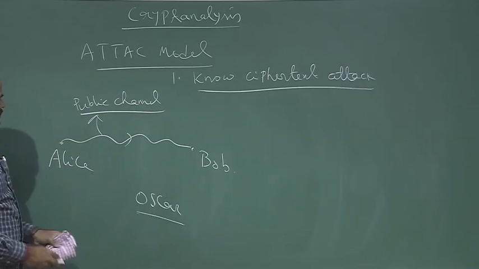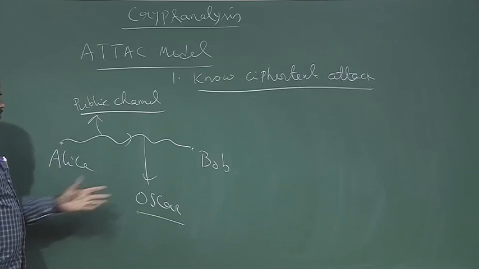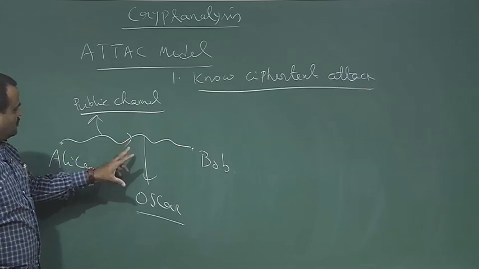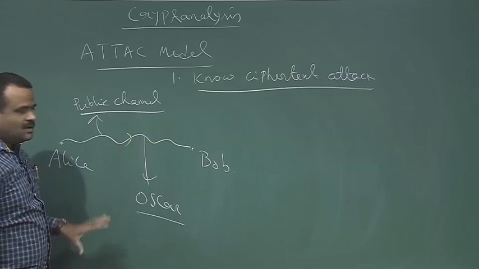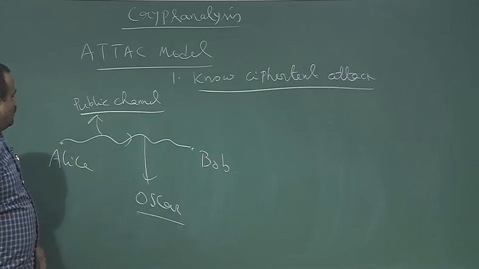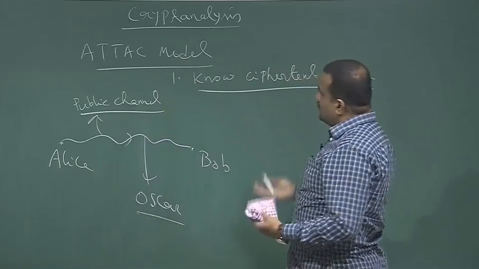Oscar has full access to this channel. It could be passive or active. Passive attack means Oscar can only see what is being communicated, and active means Oscar can change the communication. Under this attack model, Oscar knows the ciphertext.